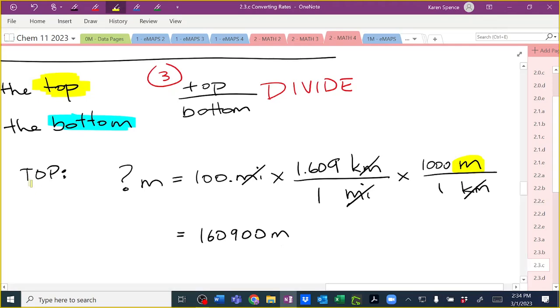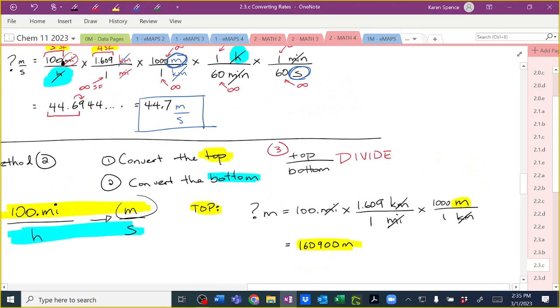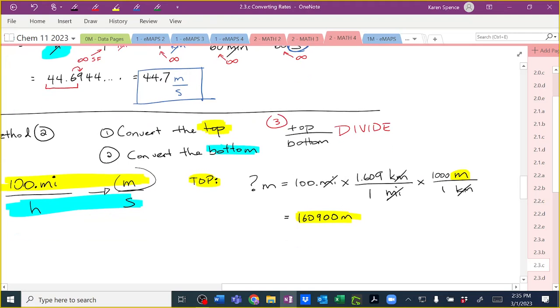And that was the top. So first we did the top. Now we're going to do the bottom.